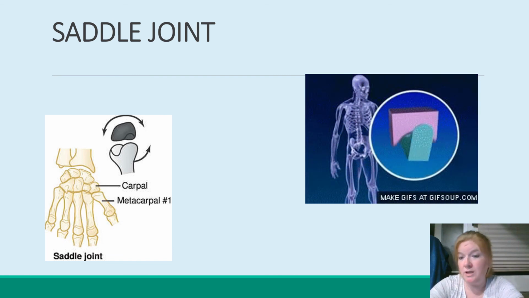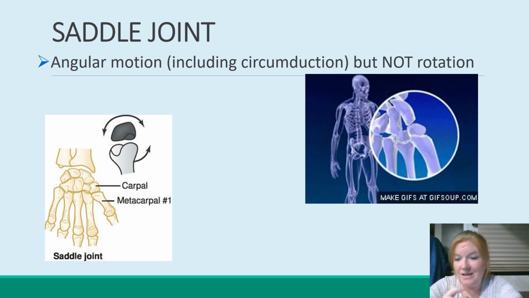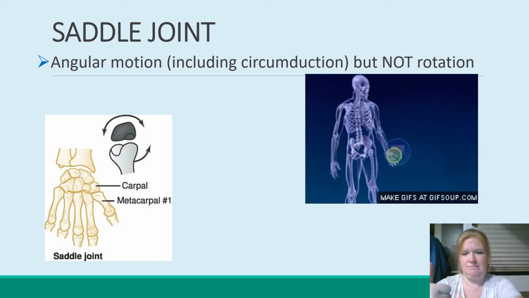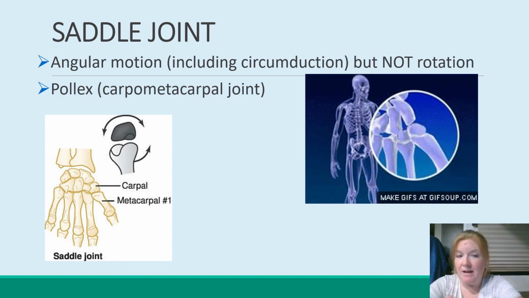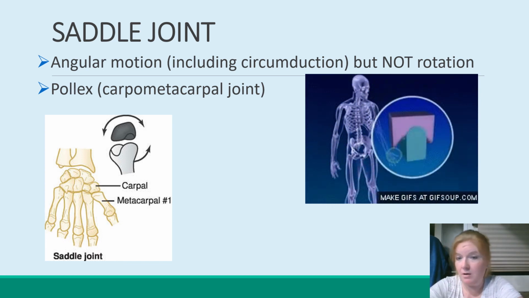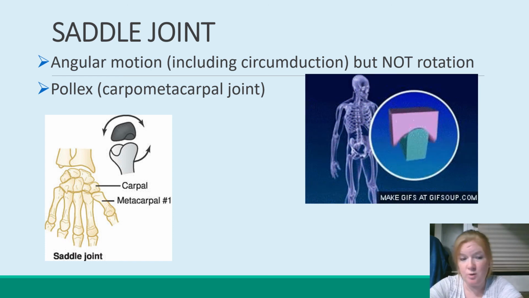The saddle joint is found in one area, pollex. It allows angular movement, including circumduction, but not rotation, so you can't rotate it. It's the joint between the carpal bones and the metacarpal of your thumb, the carpo-metacarpal joint. So saddle joint only in your thumb.